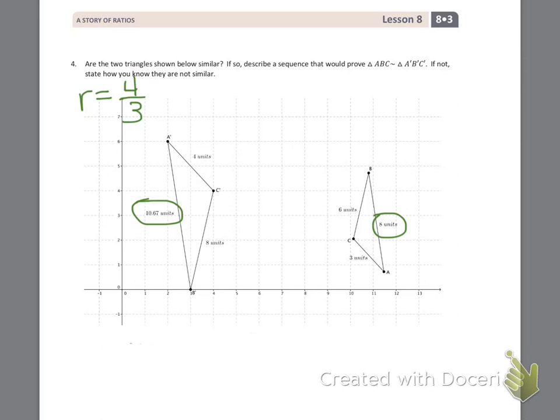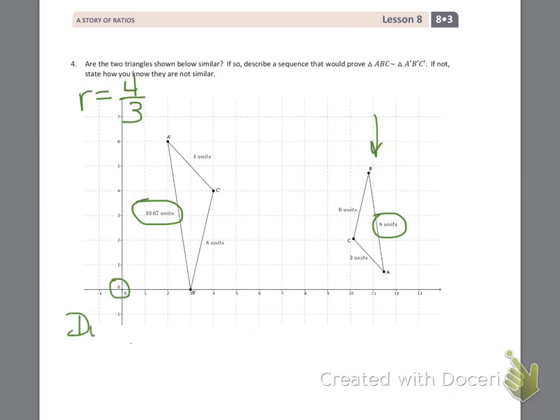Okay, so we're going to take triangle ABC, and we are going to dilate it with a scale factor of 4/3. And since we're on the coordinate plane, we're going to use the origin as our center.